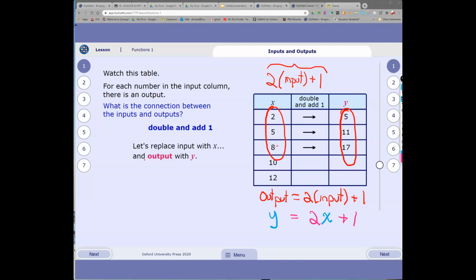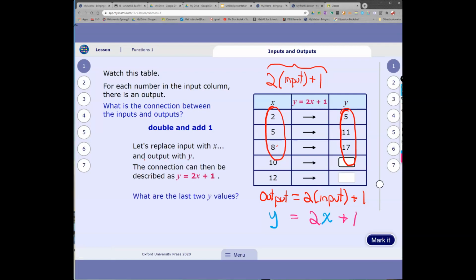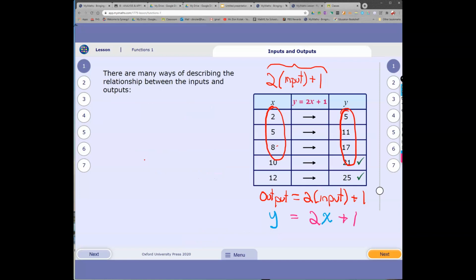So that's the rule that describes how the input is related to the output. All right, and then we can fill in these other two values. 25. And then I hit mark it. Mark it in IB means correct it, right? Now we move on to the next part. Okay, there are many ways to describe the relationship between inputs and outputs.